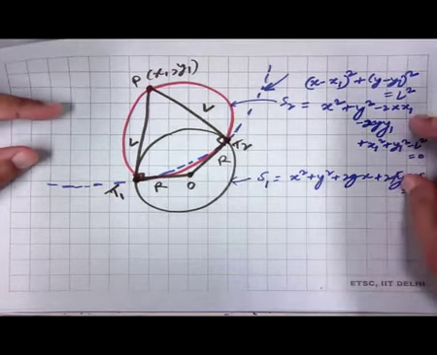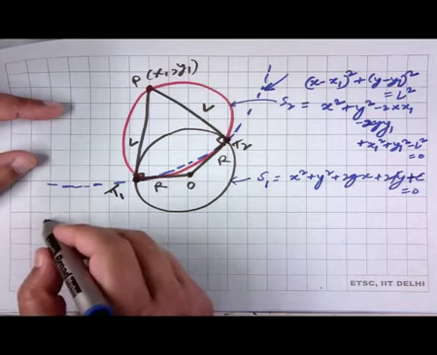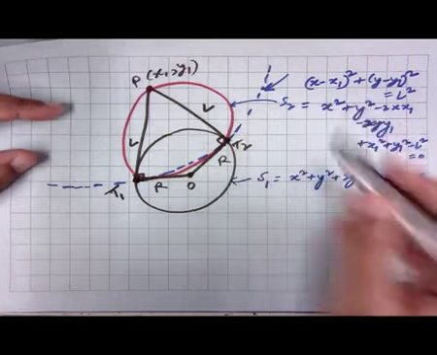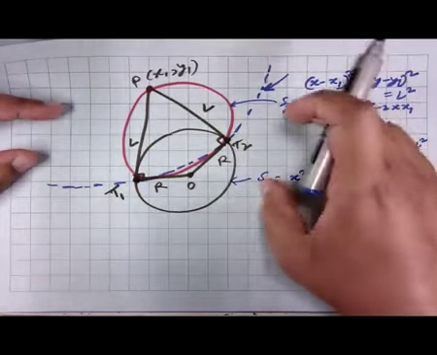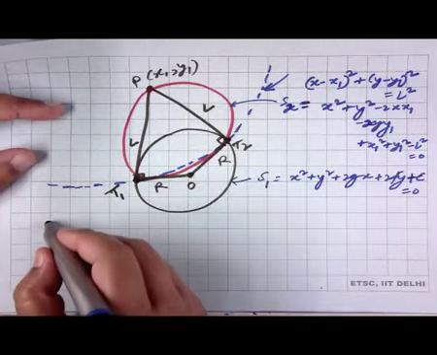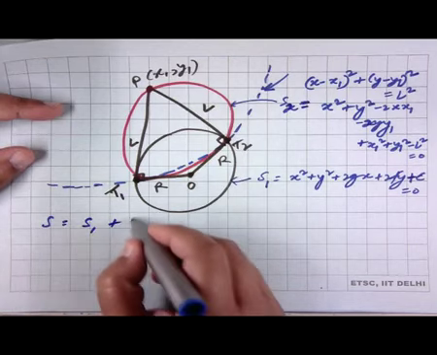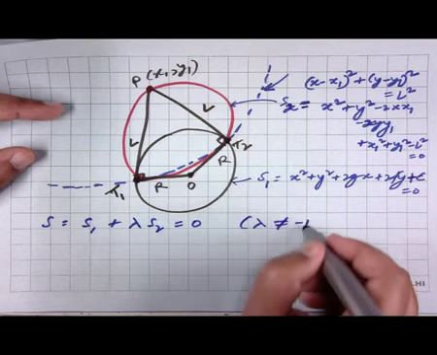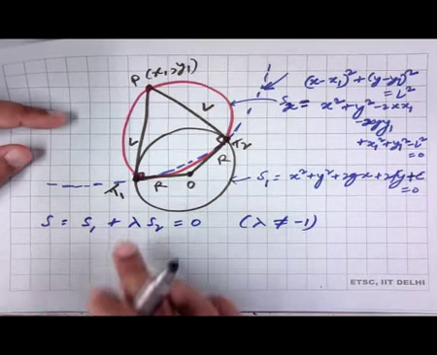So these two circles are known to us. The equation of the family of all circles which pass through the point of intersection of these two circles is S1 plus lambda S2 equals 0, where lambda is a free parameter.